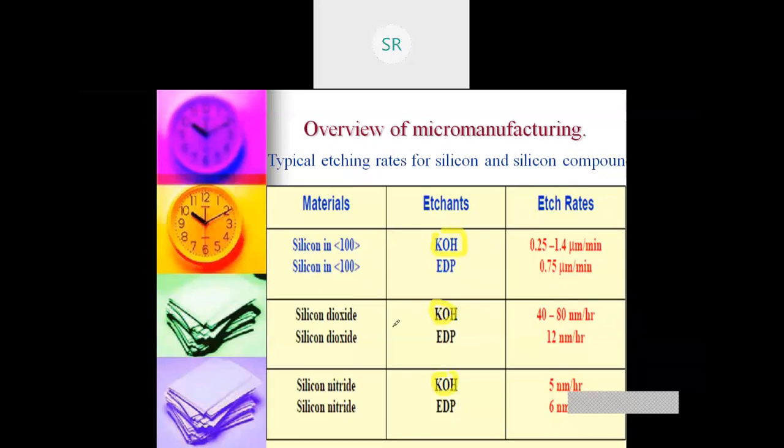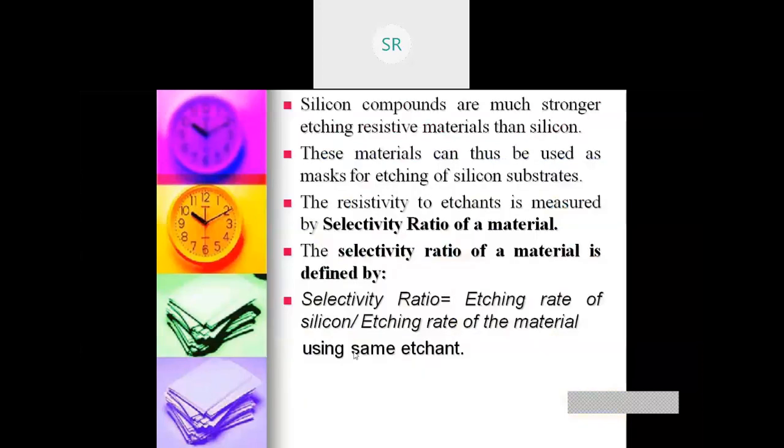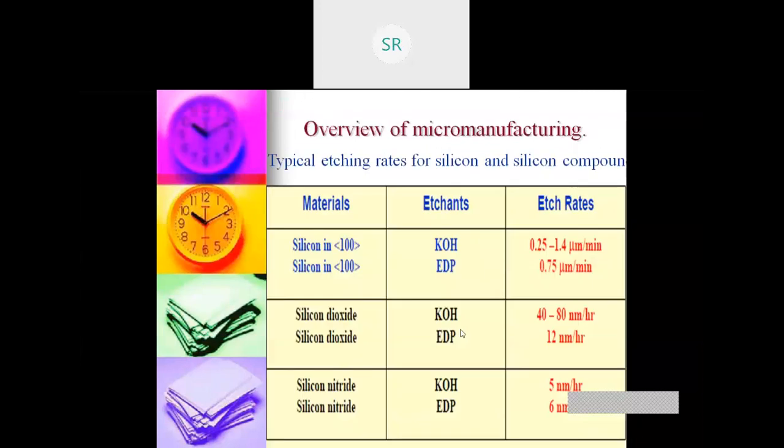Now I can define the selectivity ratio. The selectivity ratio is the etching rate of silicon divided by the etching rate of the other material with the same etchant.